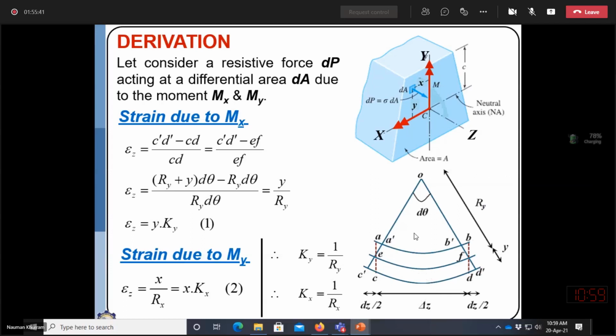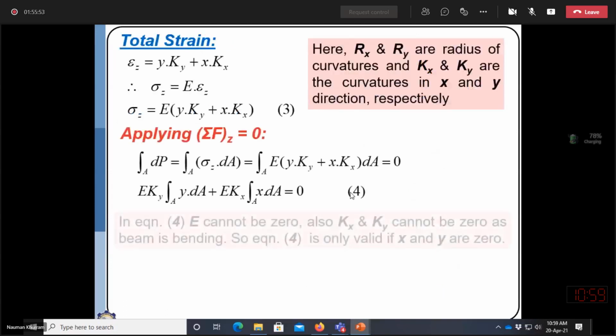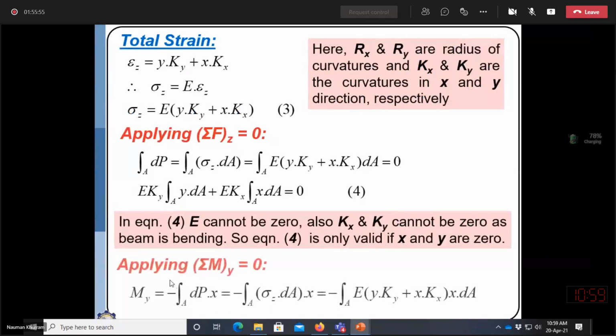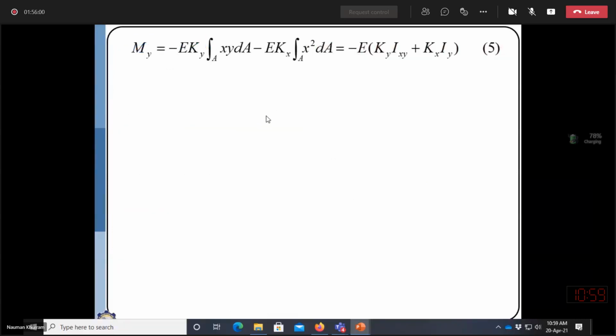If the beam is deflecting upward, then the moment will be negative because it is causing tension at the top surface, but the curvature or deflection is being produced in the positive y direction, so that will be positive. That's why we are having a negative sign here. Okay, here you will see what is the definition of this?